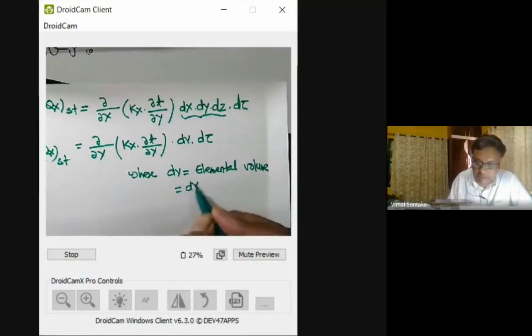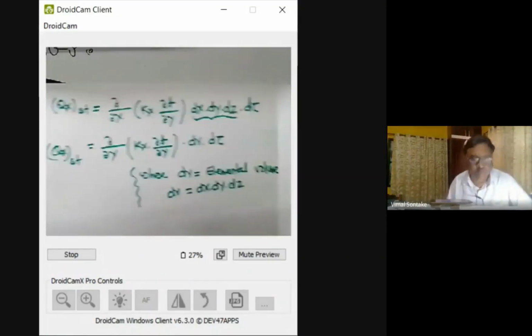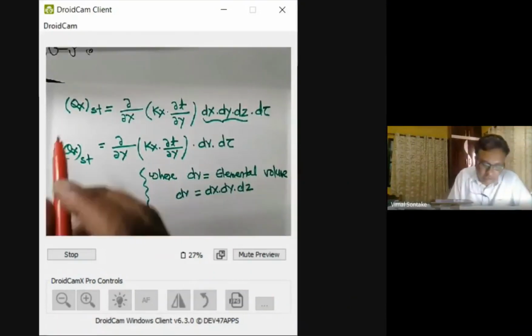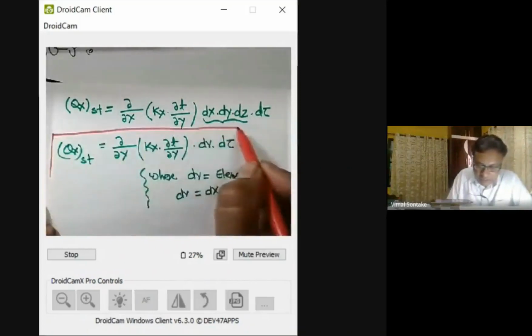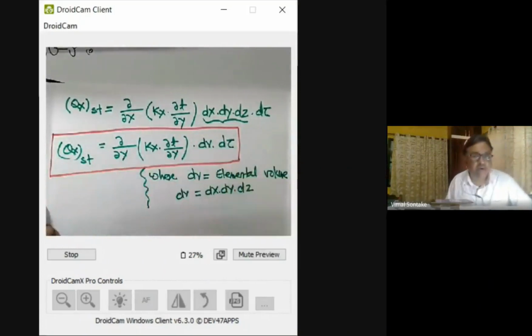This can be given as dx into dy into dz. Correct. So what is happening when heat is being conducted into this elemental volume in the x direction? This much amount of heat is stored into the element.